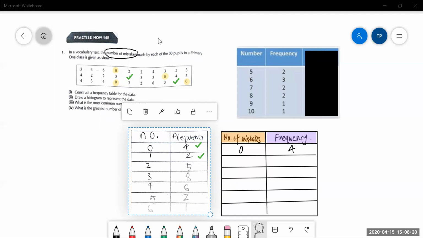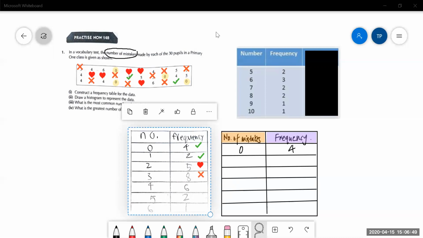We have 1, 2, 3, 4, 5. Yes. How many threes are there? We have 1, 2, 3, 4, 5, 6, 7, 8.